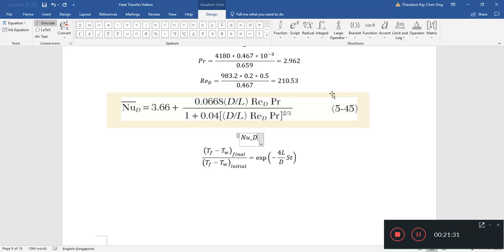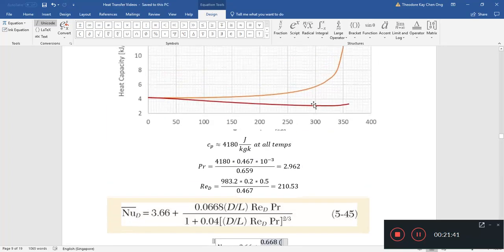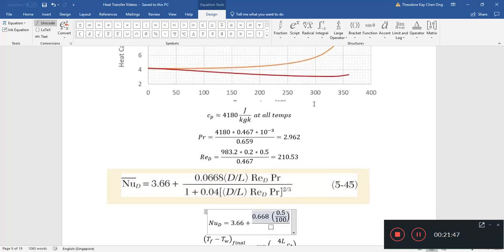Nu_D equals 3.66 plus 0.668. What's the D? Our D is 0.5 meter. Our L is 100 meter. What is Re_D? 210.53 times the Prandtl number, 2.962.